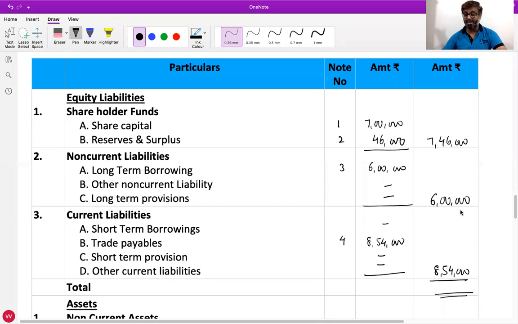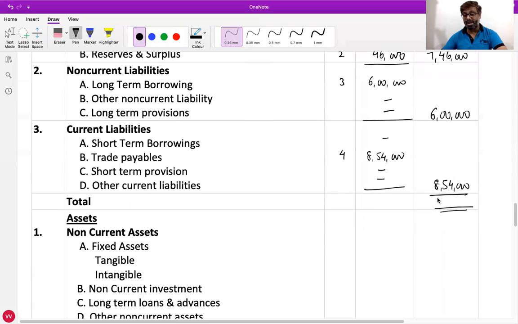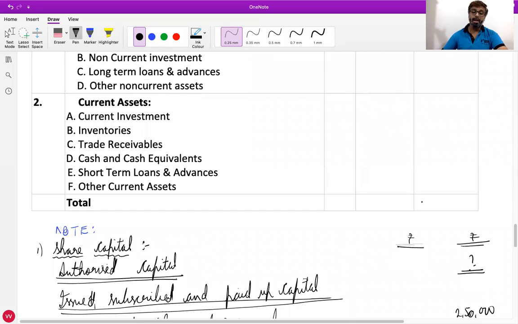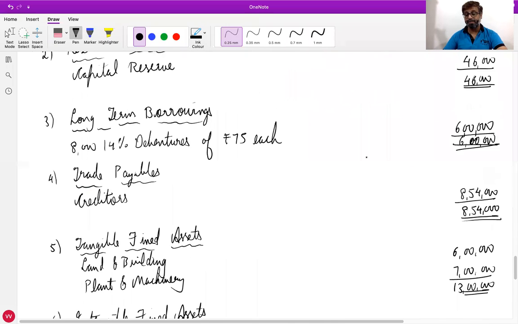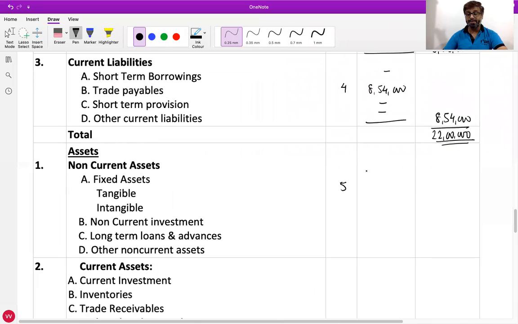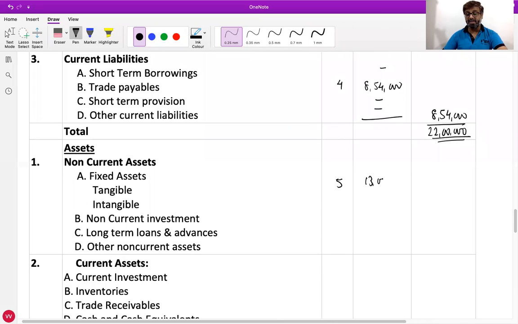7, 13, 21, 22 lakhs. Yes. Now fixed assets, tangible fixed assets, note number 5, 13 lakhs. Intangible fixed assets, note number 6, nil. Non-current investments, note number 7, 3 lakhs.